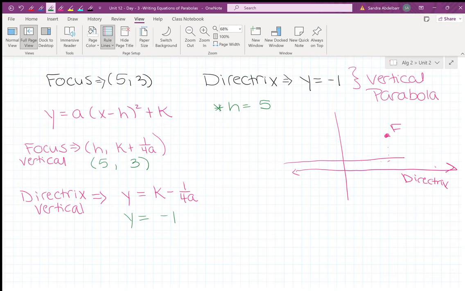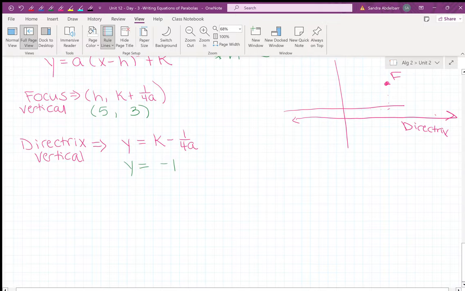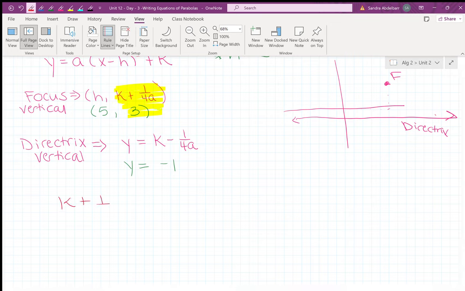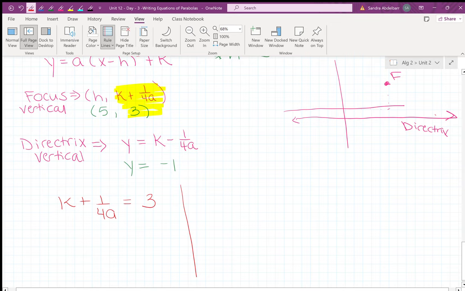All right, so let's come up here. Now I'm going to use what's left in my focus. So we have k plus 1 over 4a equals 3, and I also have k minus 1 over 4a equals -1.